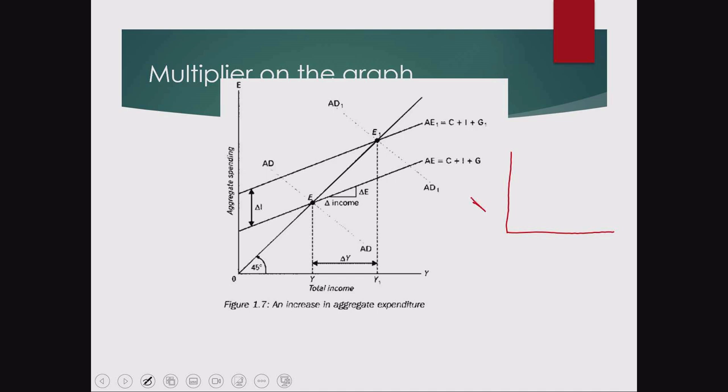You see it, aggregate expenditure, as it is indicated there. On this side, it's the side for the total income. Here, we will have your E's, which stands for expenditure, aggregate expenditure. We talk of total expenditure. Remember, we're dealing with macroeconomics, which looks at the economy as a whole.